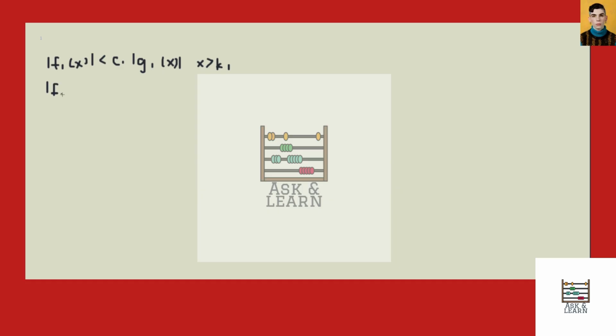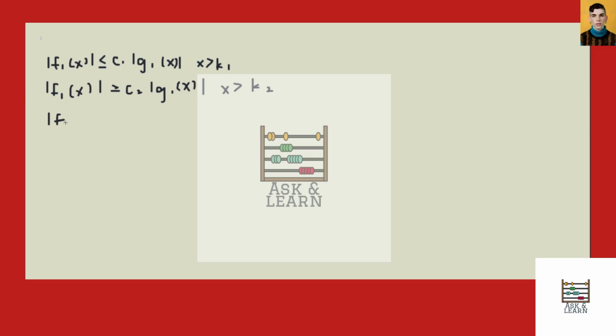The same goes for this: it is bigger or equal to c2 times the absolute value of g1(x) whenever x is bigger than k2.